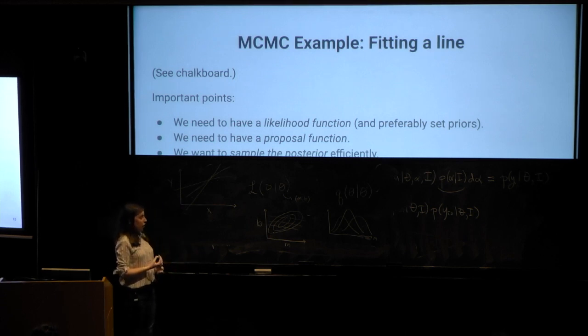So let's say I'm just going to assert that the Q that we want is a multivariate Gaussian.